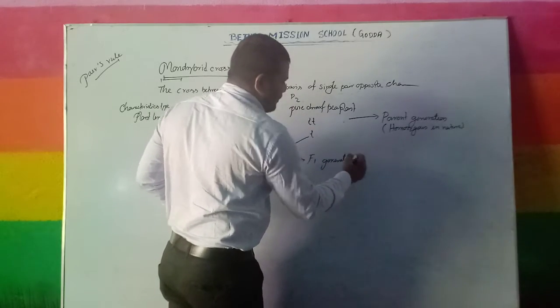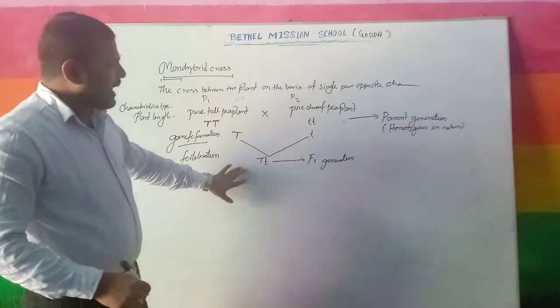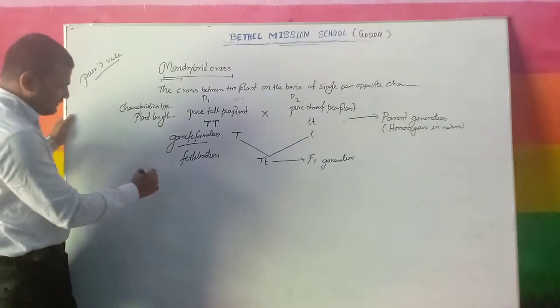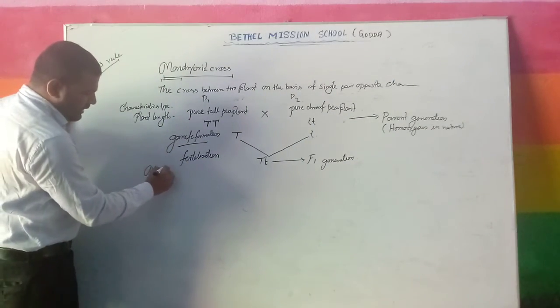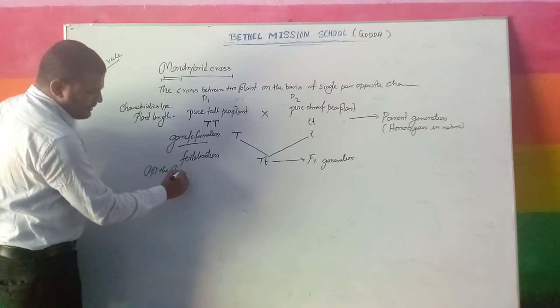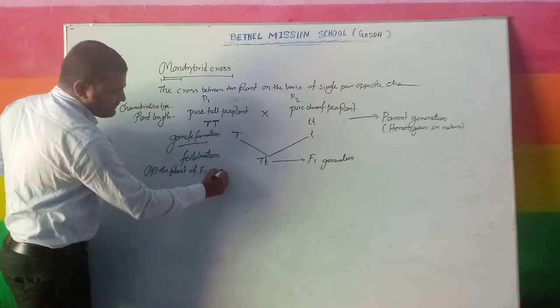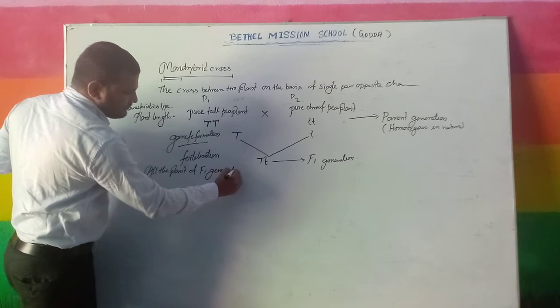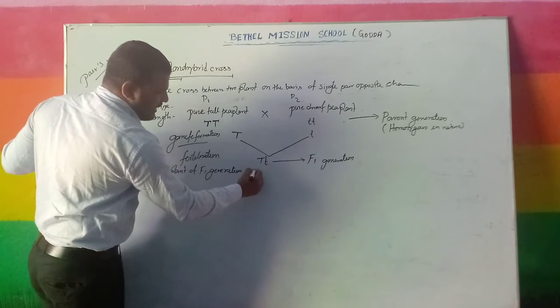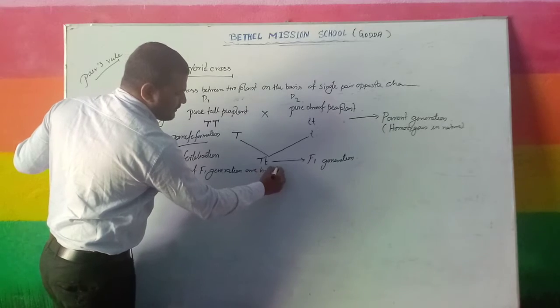Now, all the plants of the F1 generation are hybrid crop.